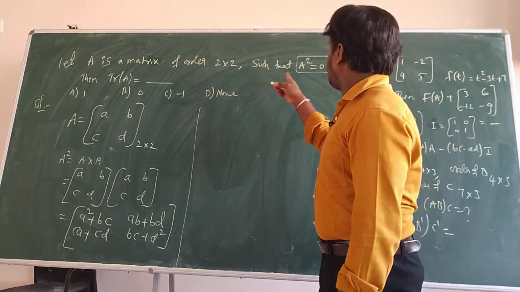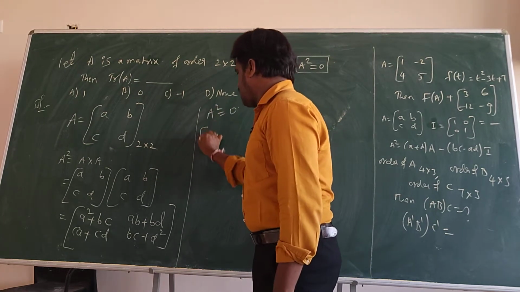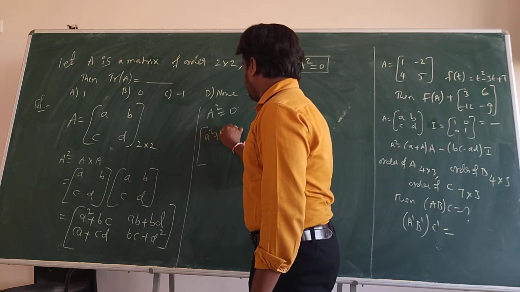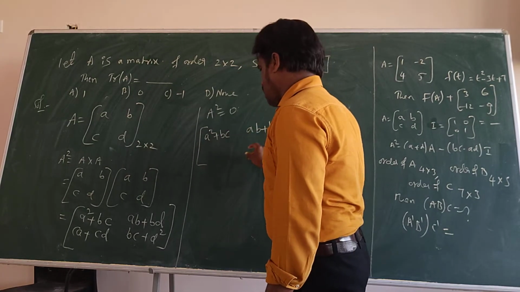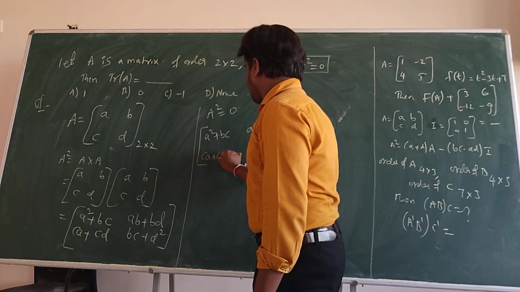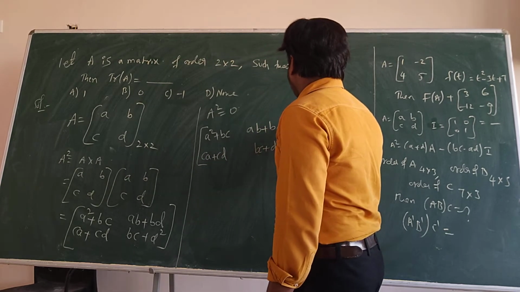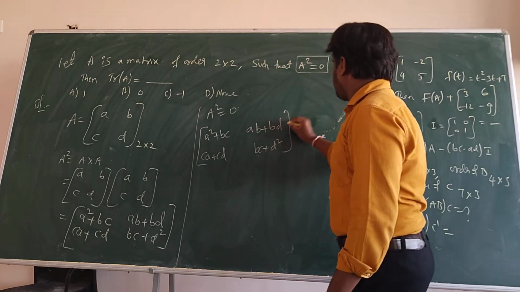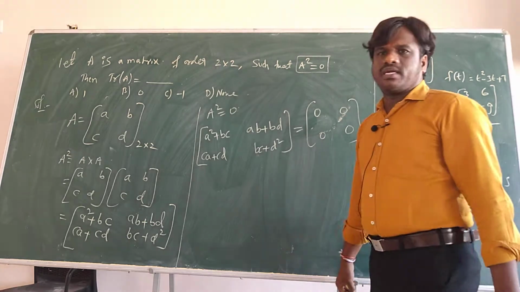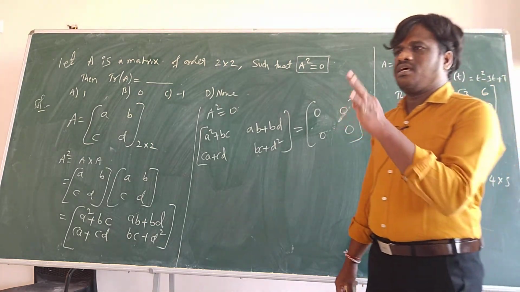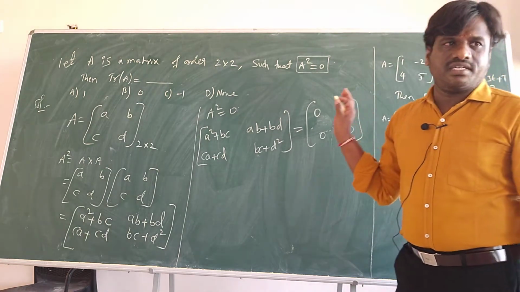So what is it saying here? A square equal to 0 is given. It means [a square plus bc, ab plus bd; ca plus cd, bc plus d square] is equal to 0, that is the zero matrix [0, 0; 0, 0], a 2 by 2 matrix. For identity and zero matrices, the order we can take according to the given condition.